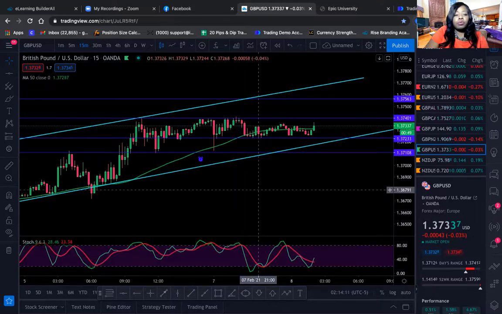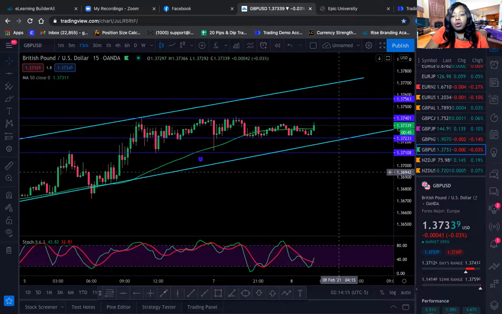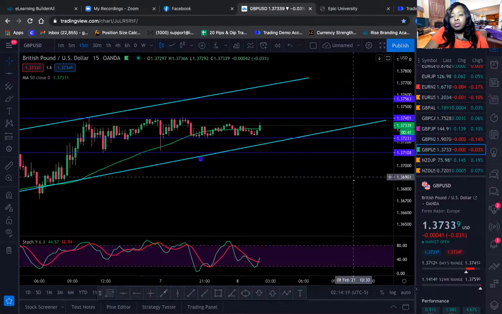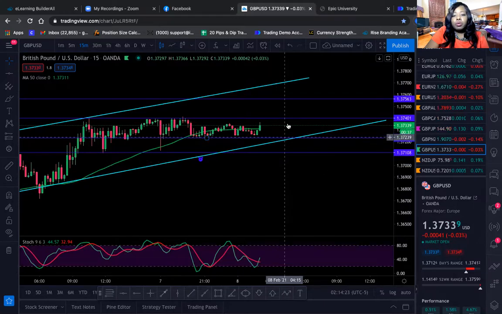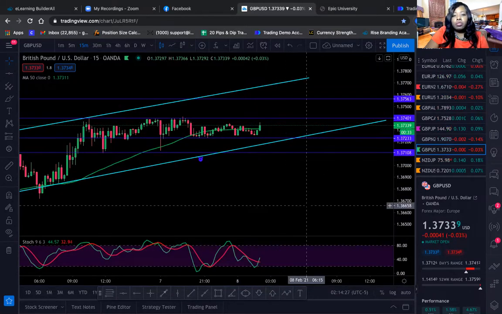There are other tools that we can use to measure different things, but I'm not going to get into them because it's really not necessary. This is just the basics of trading. It's what we look for, and everything else is just icing on the cake, to tell us what and when we should get into the market.